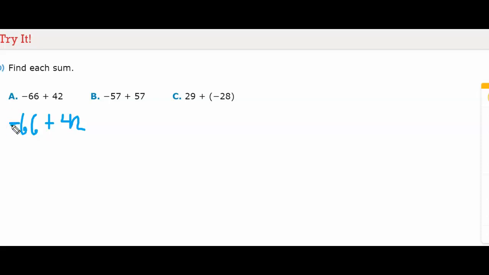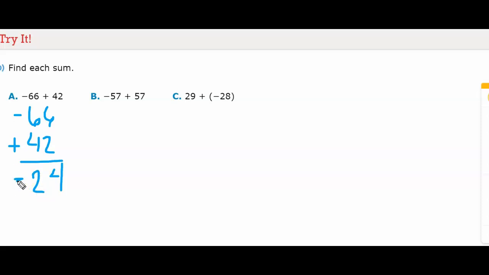So actually, let me rewrite this a different way. -66 plus 42 this way, you have that negative there. You're essentially subtracting the 2. So 6 minus 2 is 4, and 6 minus 4 is 2. And then the dominant sign is the negative sign, so it would be -24.